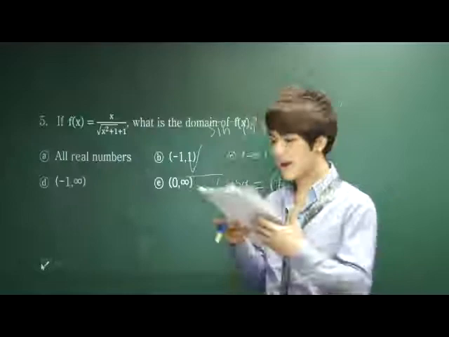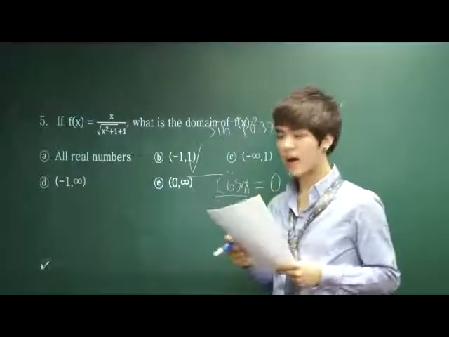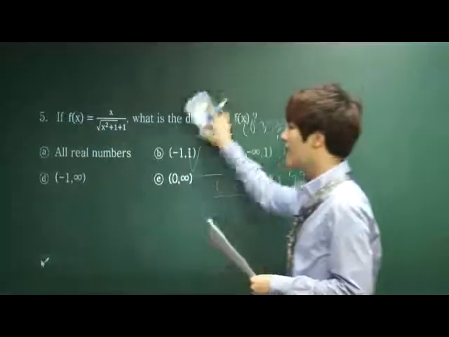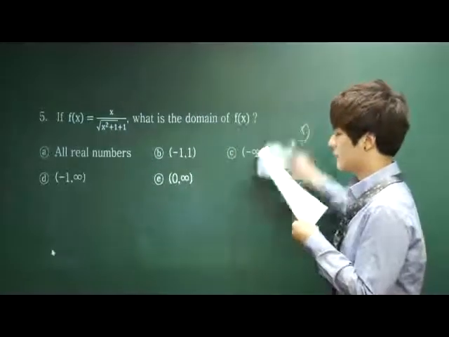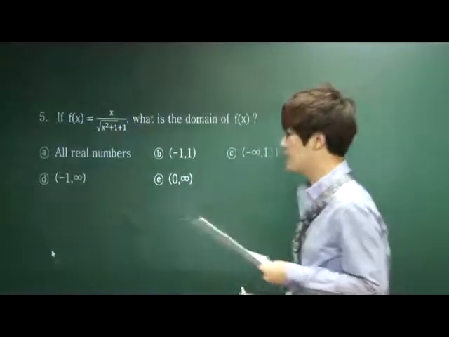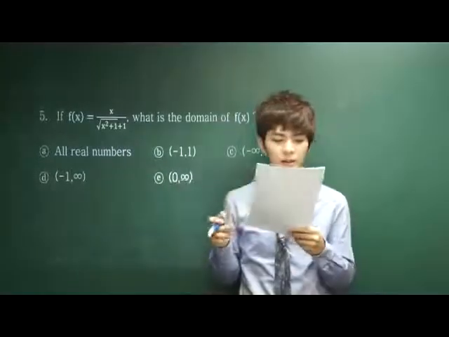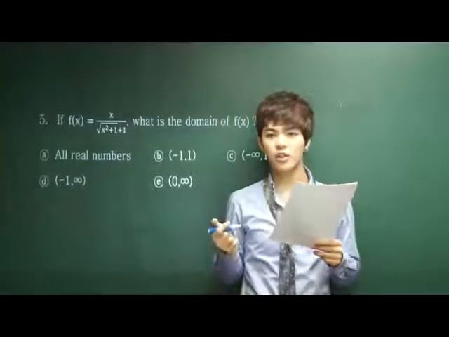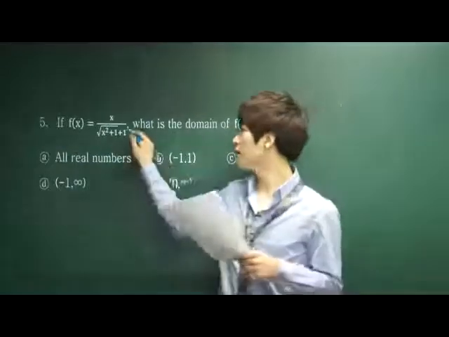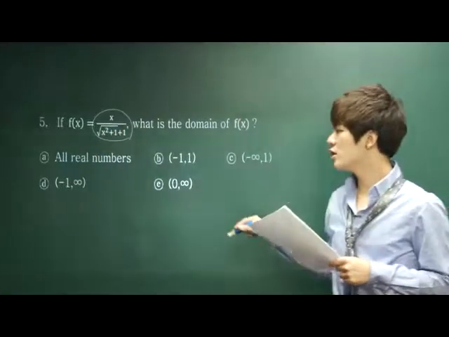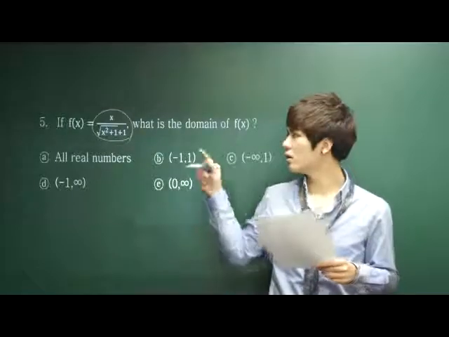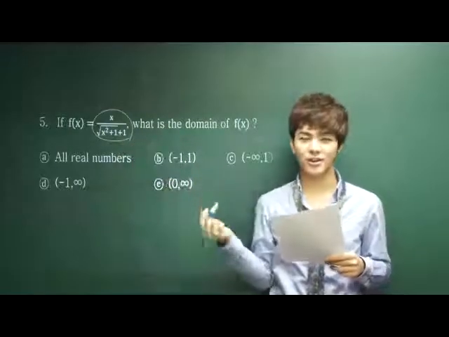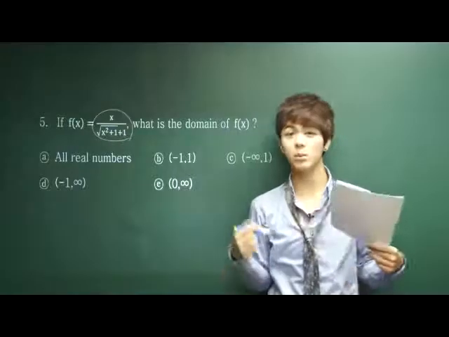Number 5, okay. If f of x is equal to x over square root of x squared plus 1, what is the domain of f of x? Okay. So, the thing you should be wary of in this kind of question is the denominator. If the denominator is equal to 0, then the whole function is impossible to define.